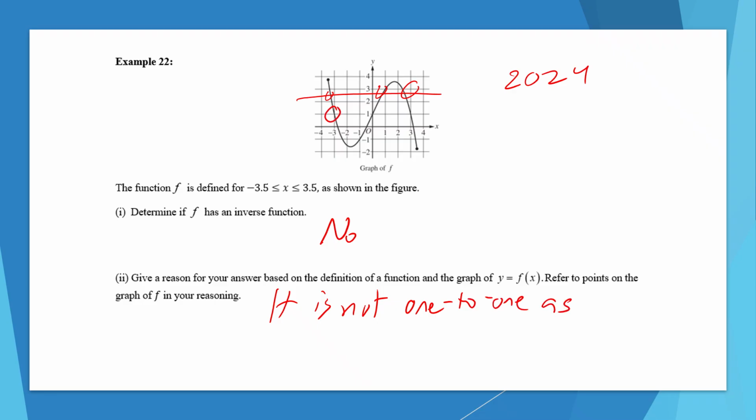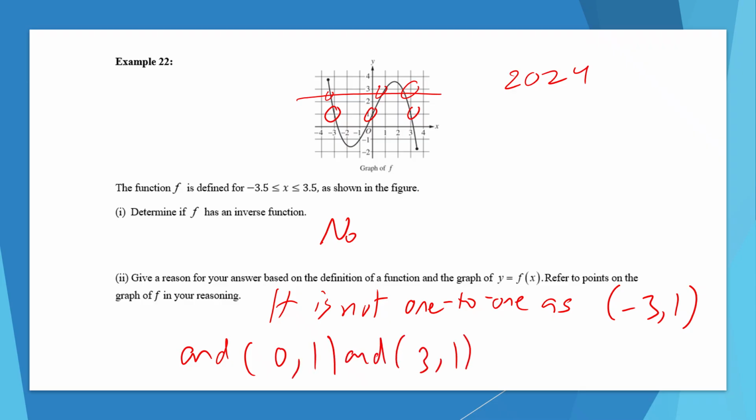And then here, looking for integer coordinates, there's 3 points there, but you only have to give 2. You could give all 3: negative 3 comma 1 and 0 comma 1, we'll give all 3, and 3 comma 1 have the same y value.